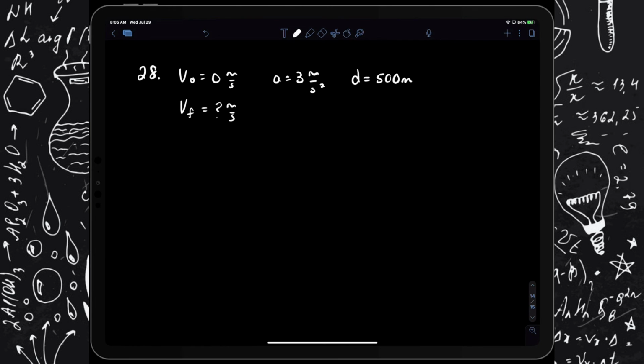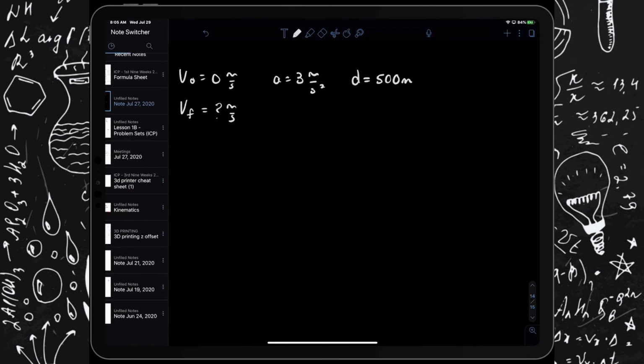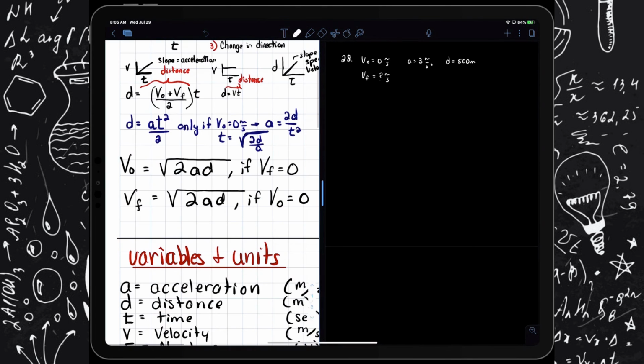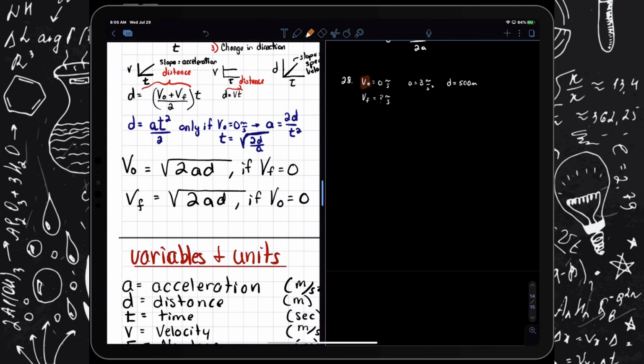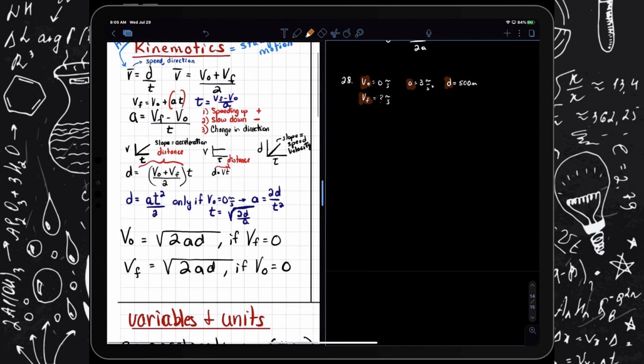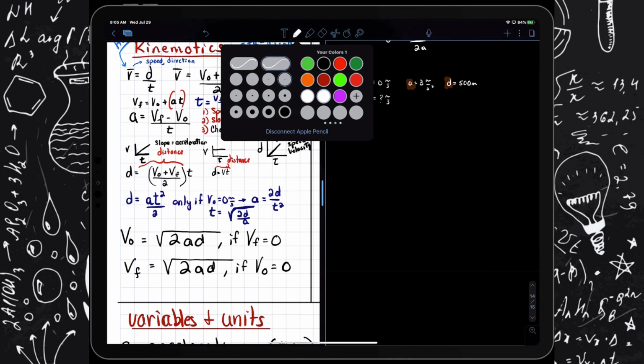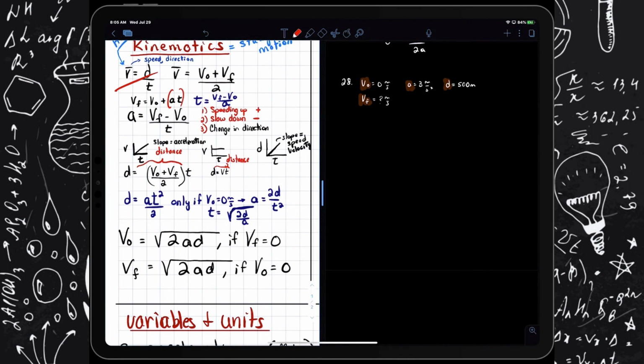This is where that formula is going to come in handy. When we look at our formula sheet, I'm trying to find the formula that has VO, A, D, and VF in it. So if we just take a second, process of elimination. There's no acceleration, no distance in any of those, so I can't use those.